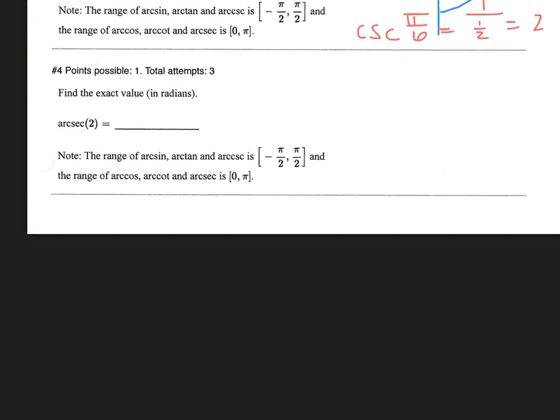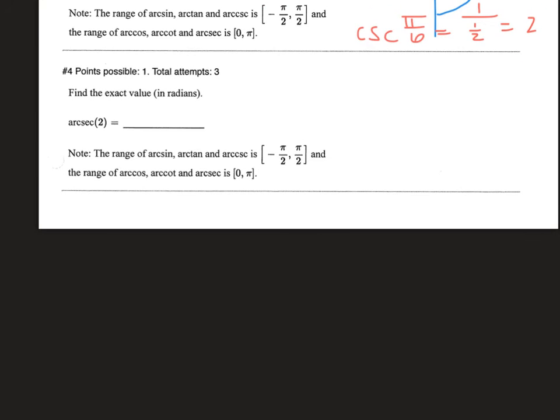All right, let's look at number 4. We want arc secant of 2. For secant, we are looking at a range of 0 to pi. And remember that secant of theta is on the unit circle 1 over the x value. So we want a point that has a corresponding x value of 1/2. That's going to be pi over 3.